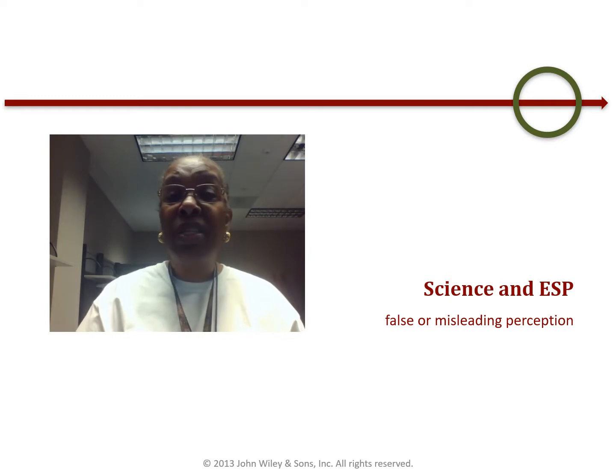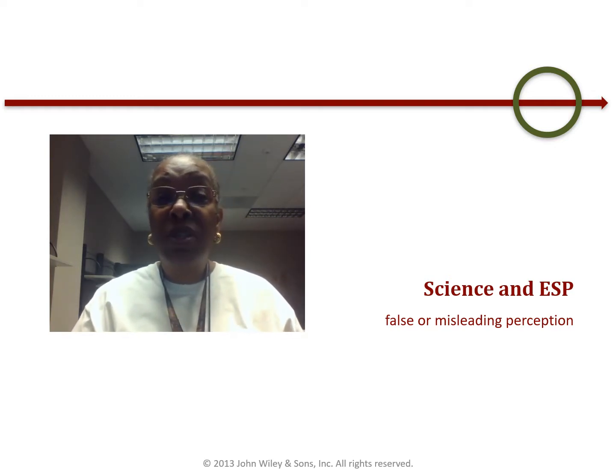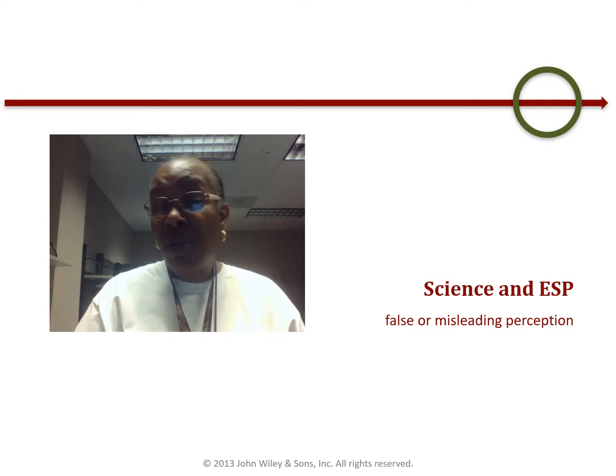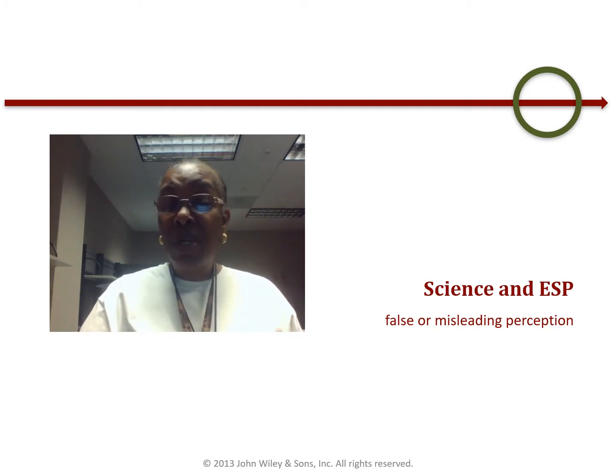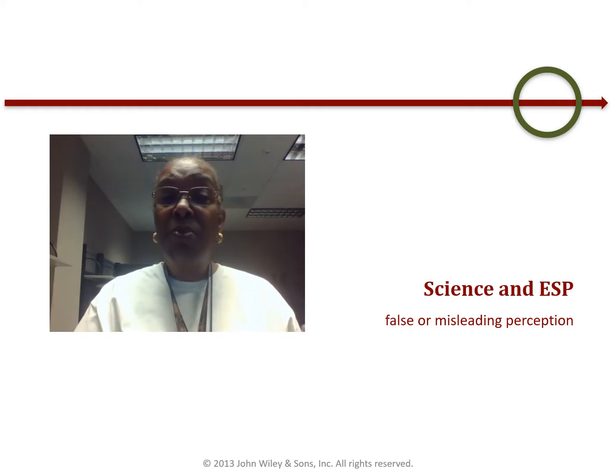They're able to perceive objects or events that are inaccessible to the normal senses. Those individuals are considered to be clairvoyant. You'll have some who say they can predict the future. These individuals would say they have precognition, or be able to move objects without touching them at all. This is psychokinesis.